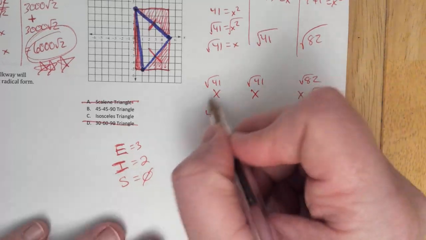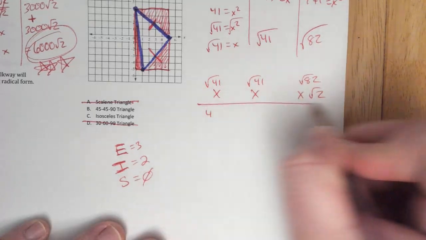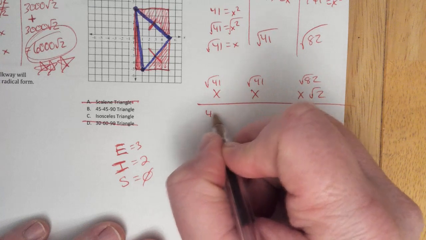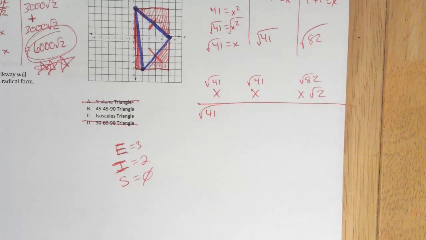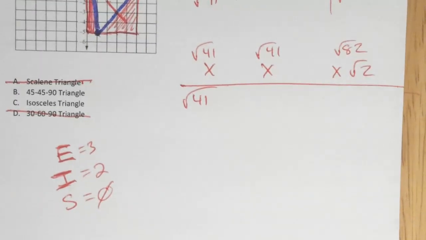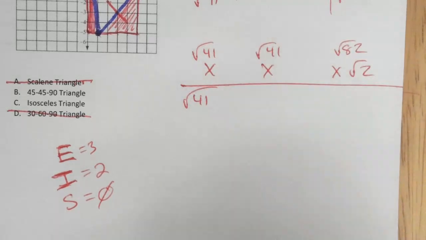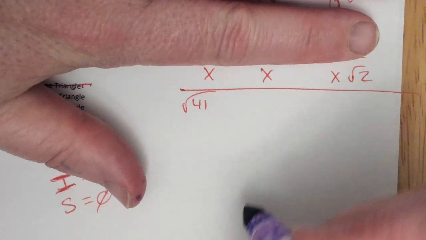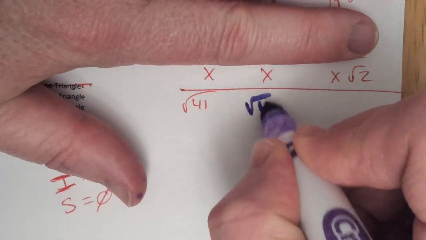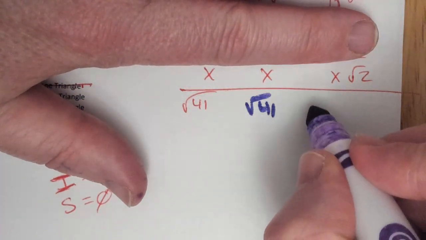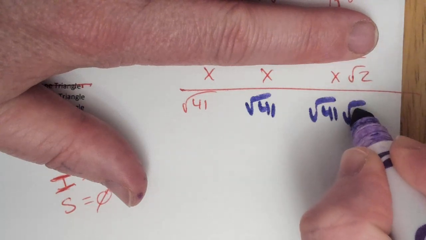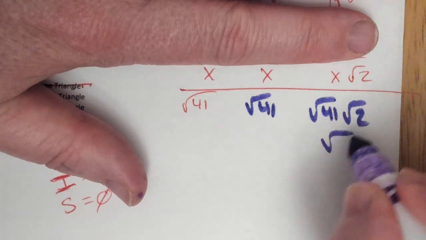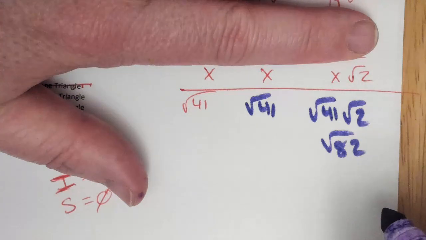If we had square root of 41 set in stone right there, and if this were also square root of 41, then this right here would be square root of 41 times square root of 2. That'd be square root of 82 if I put those together.